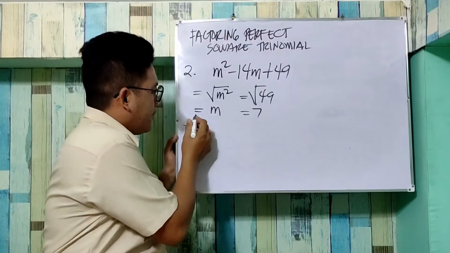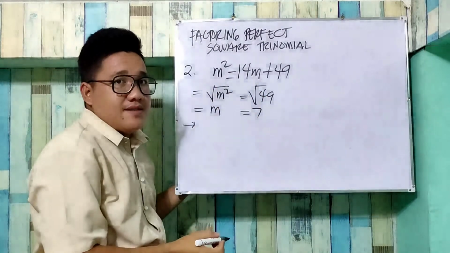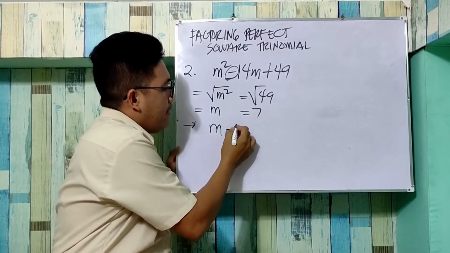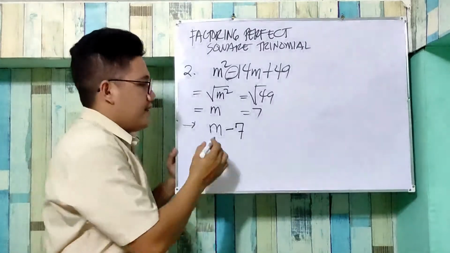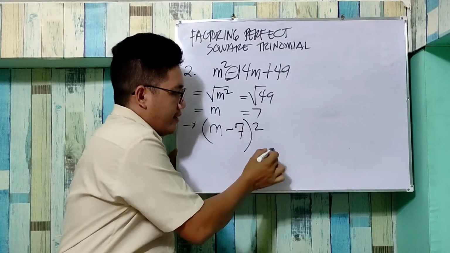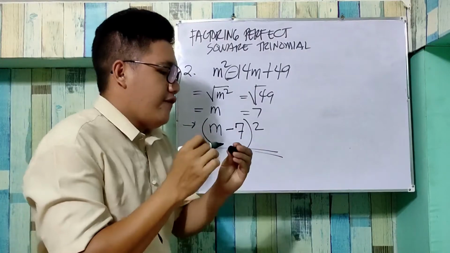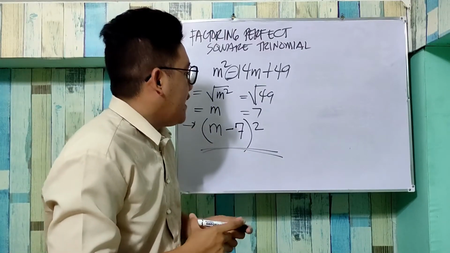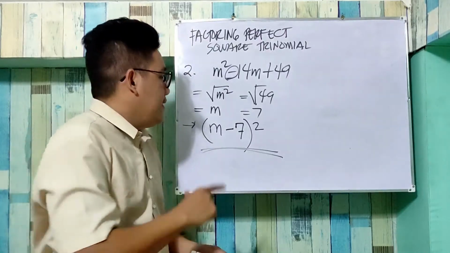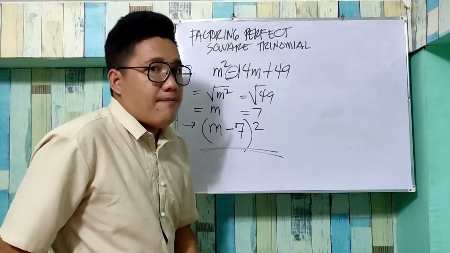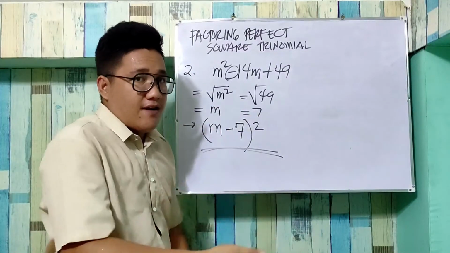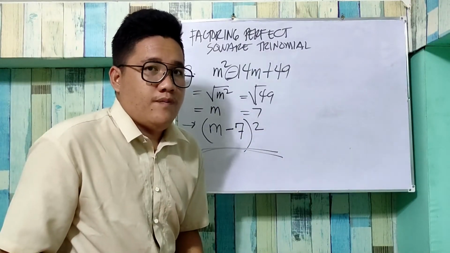So, the middle term is negative. So, we have m minus 7. We are going to square it. So, therefore, the factors of m squared minus 14m plus 49 is the binomial m minus 7 and m minus 7, or the quantity of m minus 7 raised to 2.